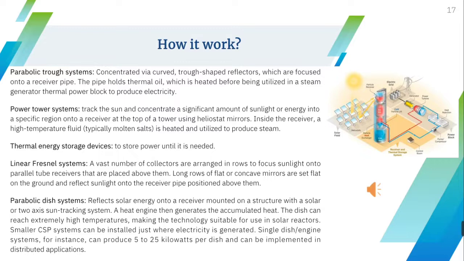Secondly, the power tower systems track the sun and concentrate a significant amount of sunlight or energy into a specific region onto a receiver at the top of the tower using heliostat mirrors. Inside the receiver, a high-temperature fluid, typically molten salts, is heated and utilized to produce steam.